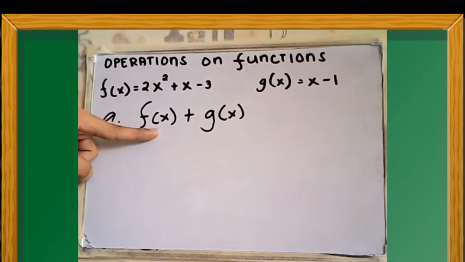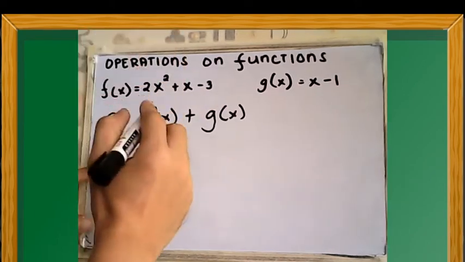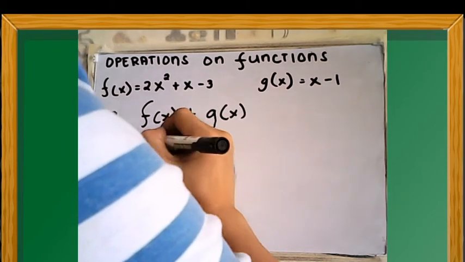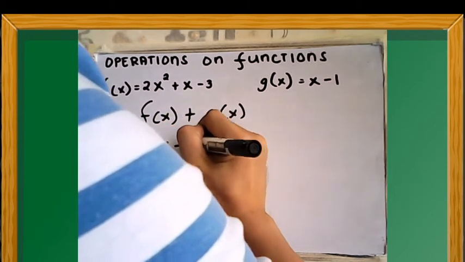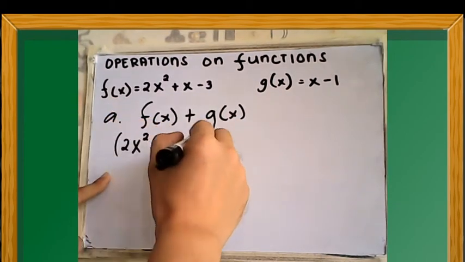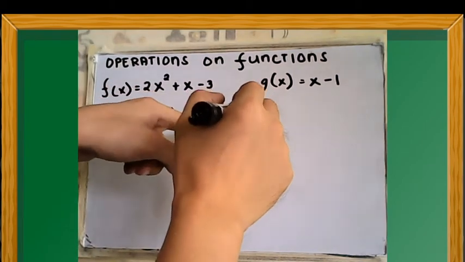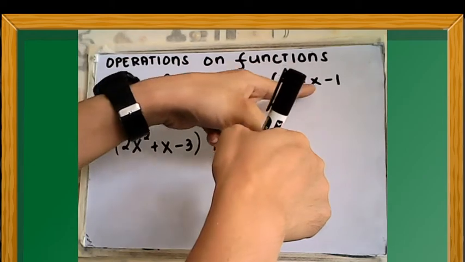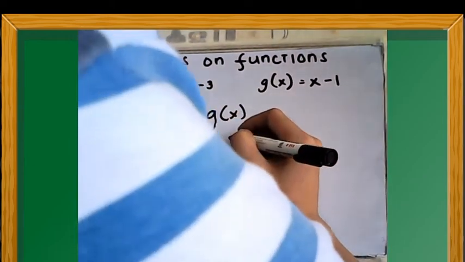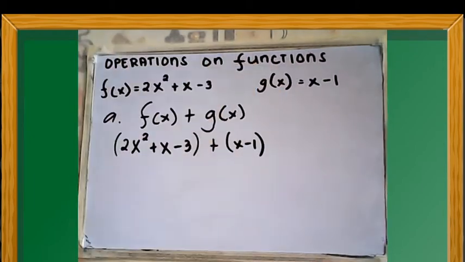So instead of f of x, since that is equivalent to 2x squared plus x minus 3, we will write the expression 2x squared plus x minus 3. So this is our f of x. And then plus g of x. So our g of x is equivalent to x minus 1.